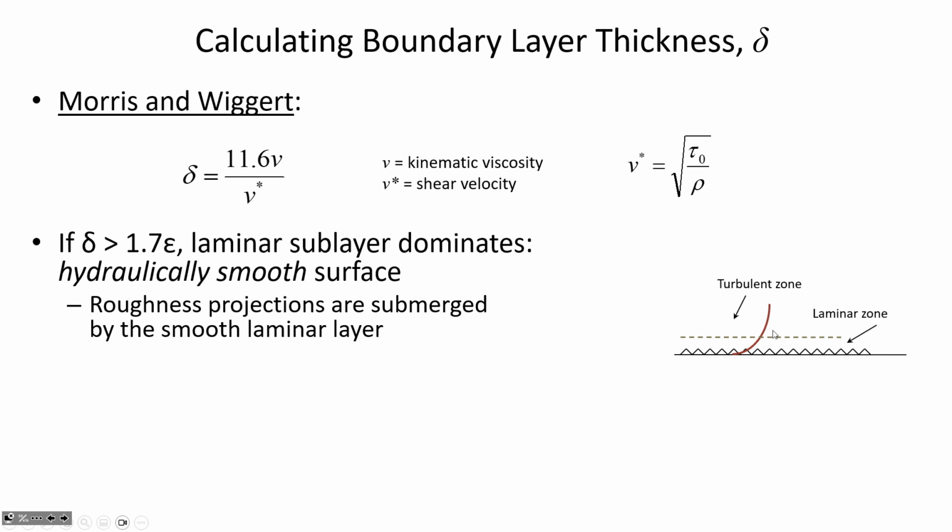So what that means is that the thickness of the boundary layer is much, much higher than the thickness of those roughness elements. So it's more than 1.7 times larger, so it's fully submerging those little roughness bits in the pipe.